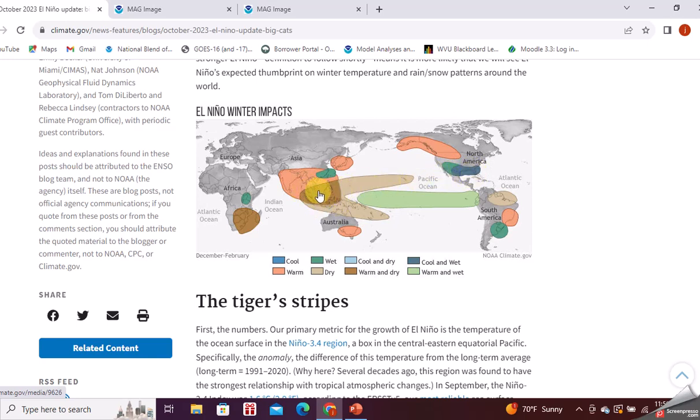Over areas in Australia and all that, you're going into a drought possible with this kind of conditions now, warm and dry. So you can see El Nino impacts all kinds of stuff over the world right now.